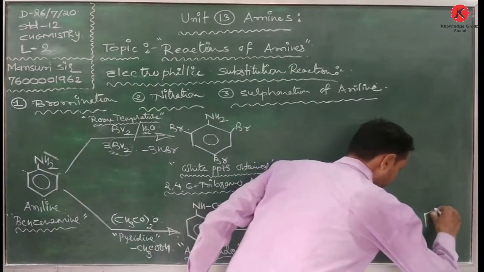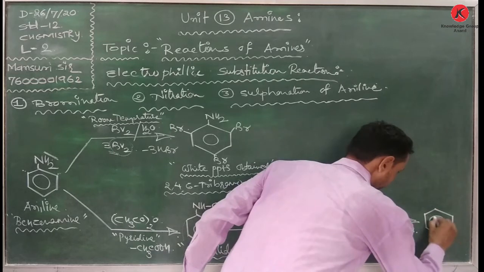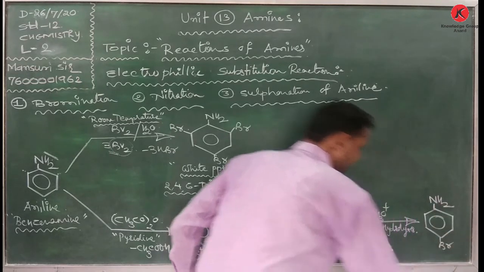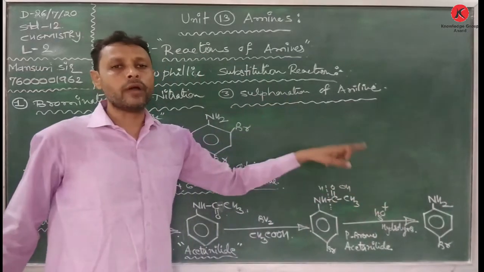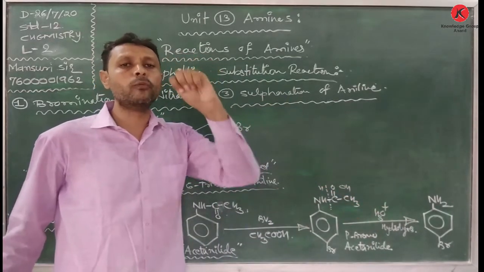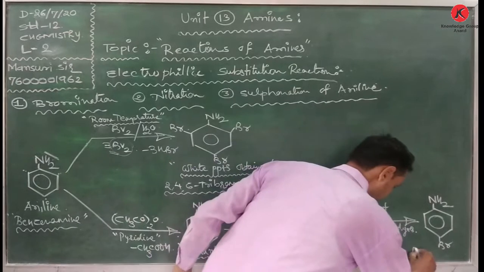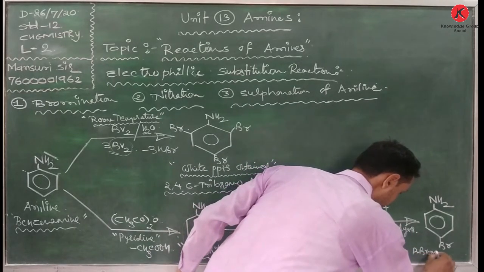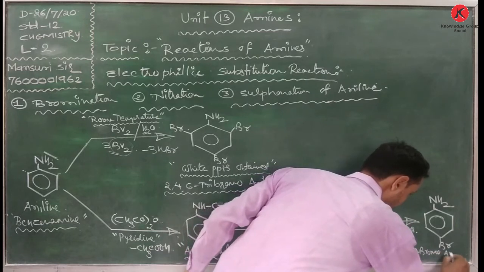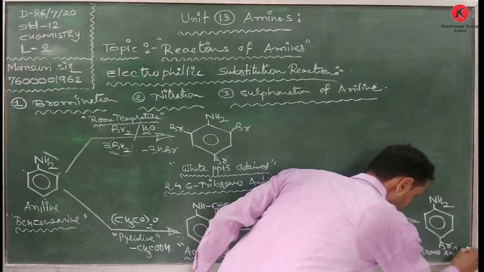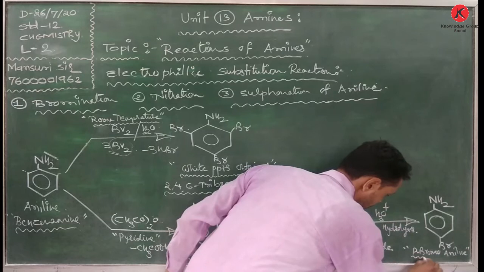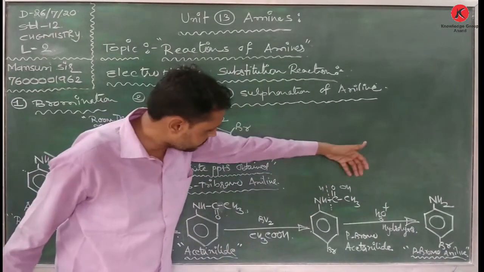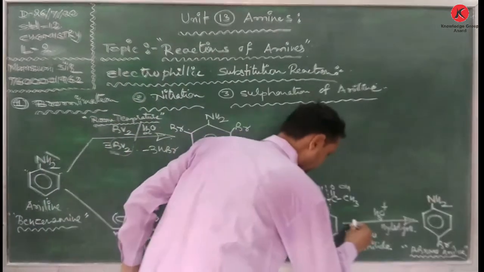So this is para-bromoaniline or 4-bromoaniline. Para-bromoaniline or 4-bromoaniline is obtained, and this will be your acetic acid.